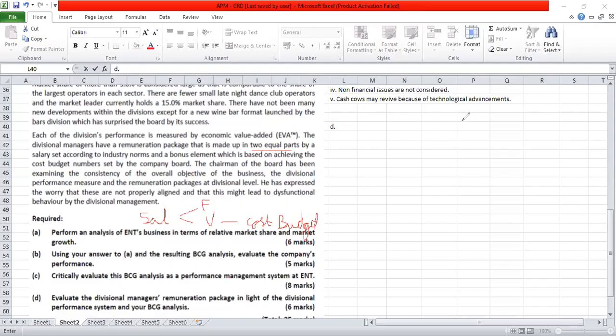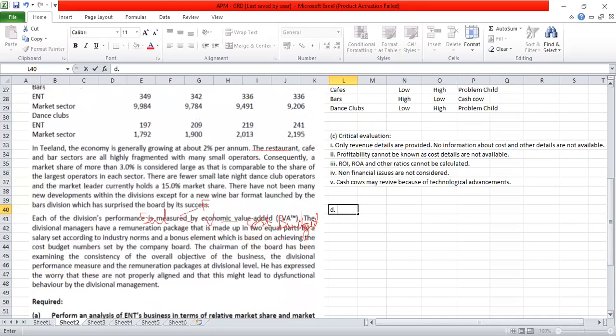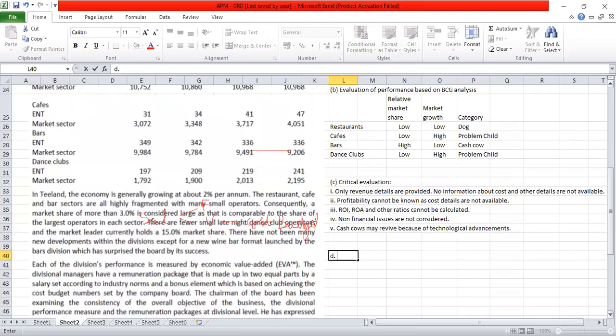Then he has expressed that this might lead to dysfunctional behavior. What is that? Managers want to earn the full salary, the fixed salary, and the variable, that is bonus also. When can they earn bonus? When they are efficient in terms of cutting down on the cost budget.